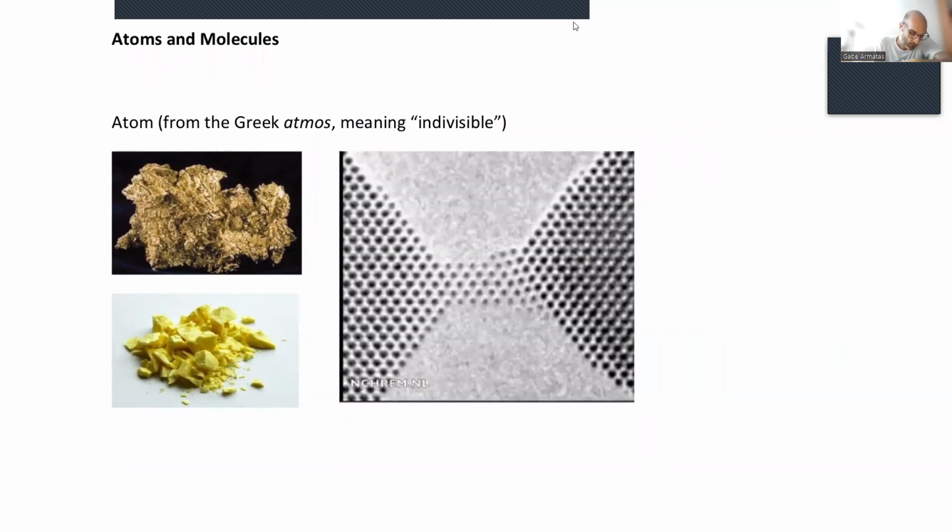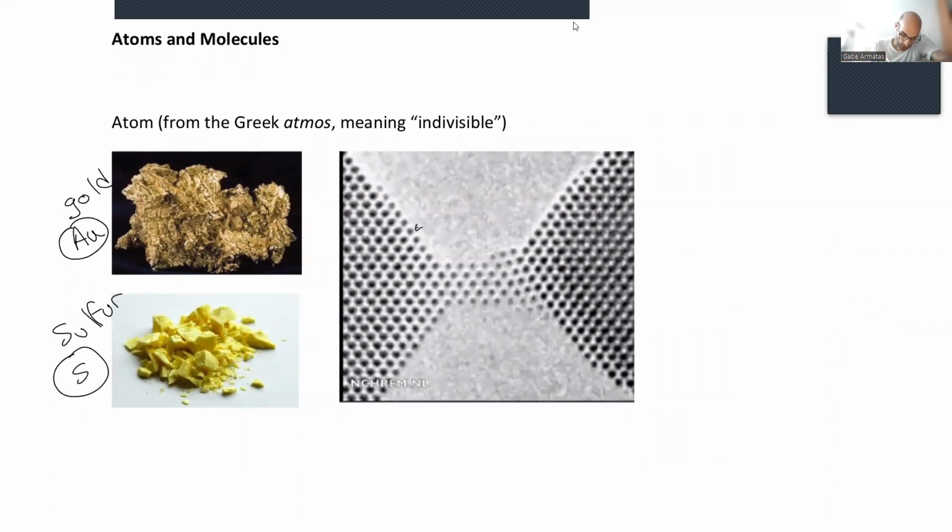Here I have some gold and here I have some sulfur. These atoms of gold, which is the atomic symbol Au, we'll get to that in a little bit, will remain Au for eternity. And a sulfur atom will remain a single sulfur for eternity.